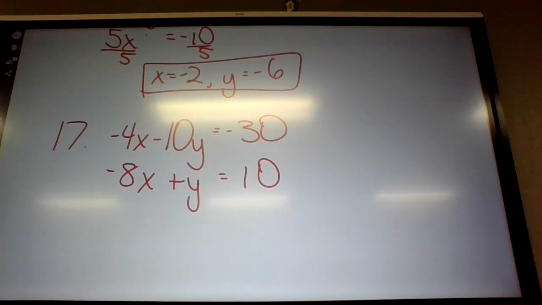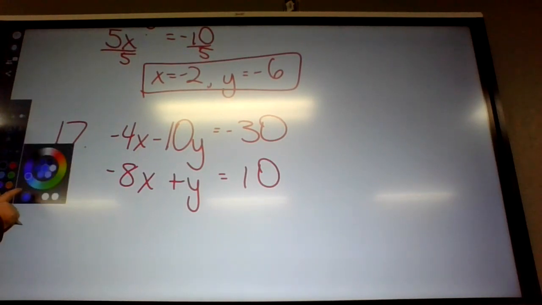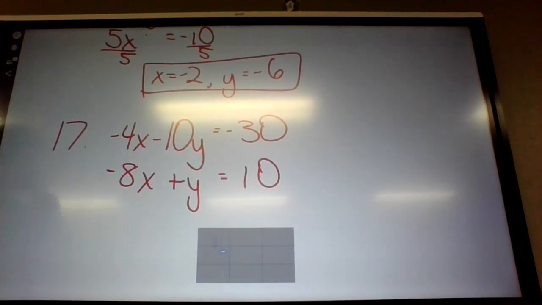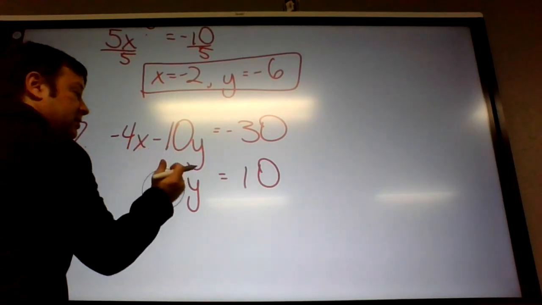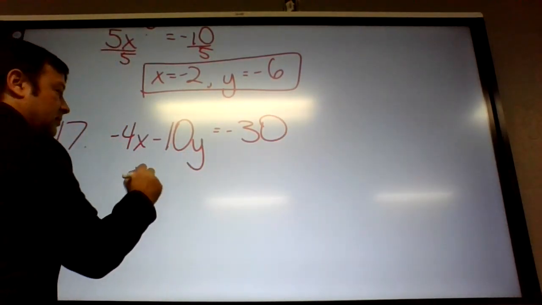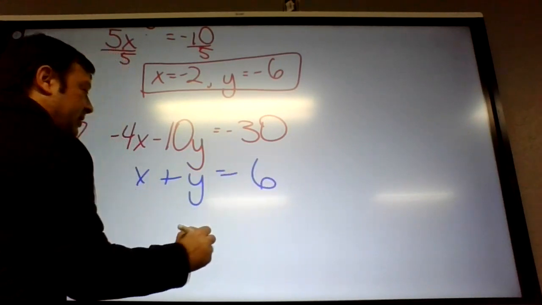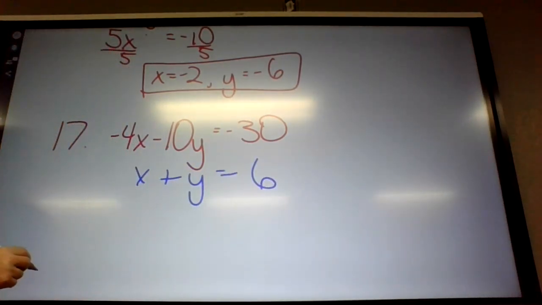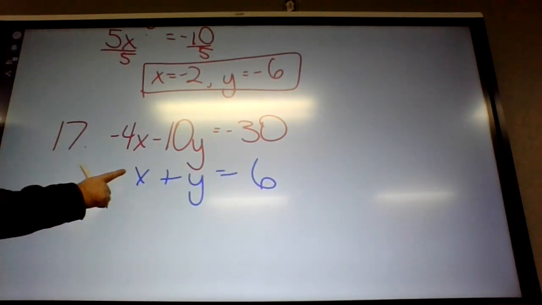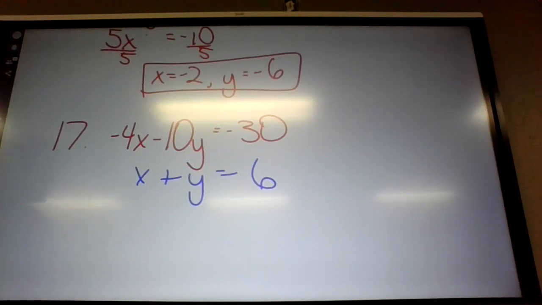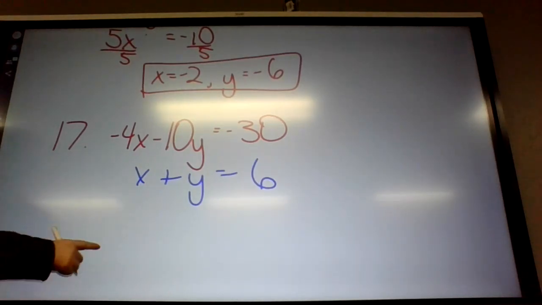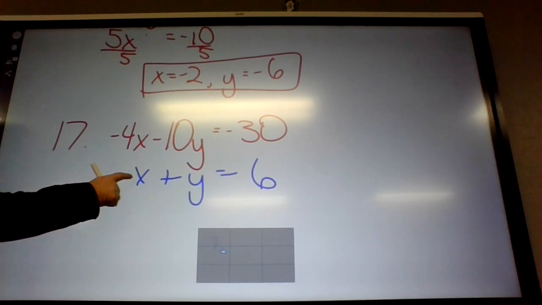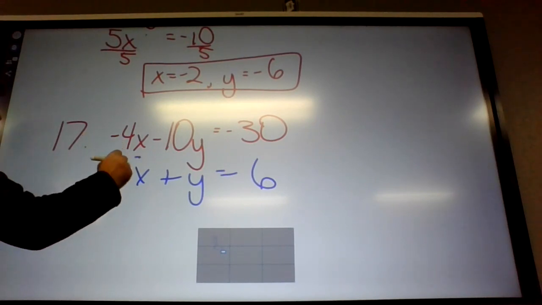Okay, nothing's gonna eliminate, so how do I make one of the x's or y's eliminate? You looked at 15, the bottom one. Oops, x plus y equals 6. Okay, so how do I make the x's or y's eliminate? Multiply the bottom by 4. Just 4 would work, because that would be a 4x and that would cancel out with that. So let's do the bottom times 4.